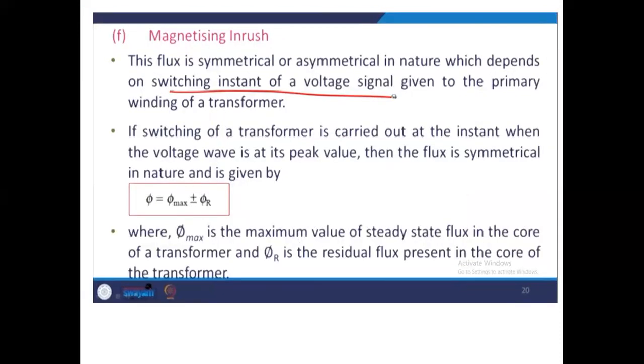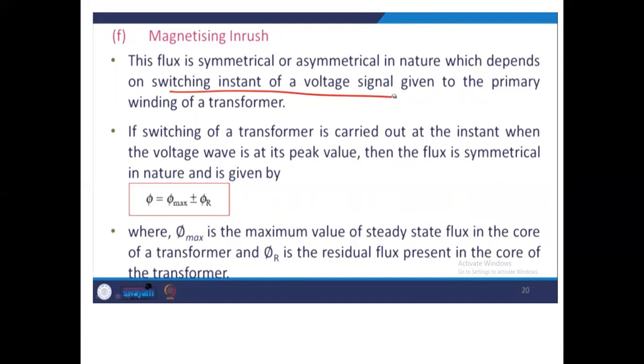When you energize the unloaded or lightly loaded transformer, the flux established inside the core can be asymmetrical or symmetrical in nature. Whether the flux is symmetrical or asymmetrical depends on the reaching instant of the voltage signal.